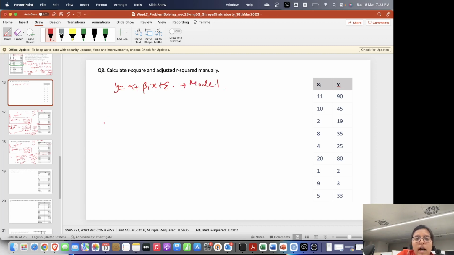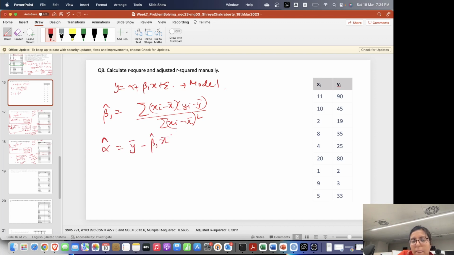From here I am going to get beta 1 hat as summation (xi minus x bar)(yi minus y bar) by summation (xi minus x bar) whole square. Alpha hat I am going to get as y bar minus beta 1 hat x bar.